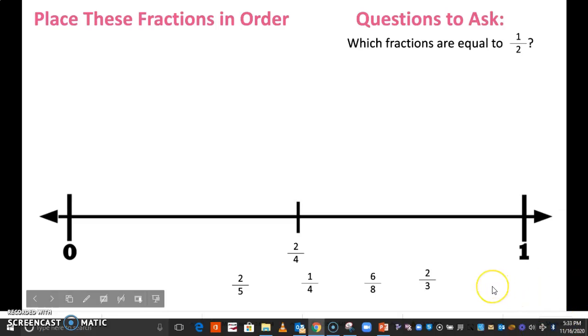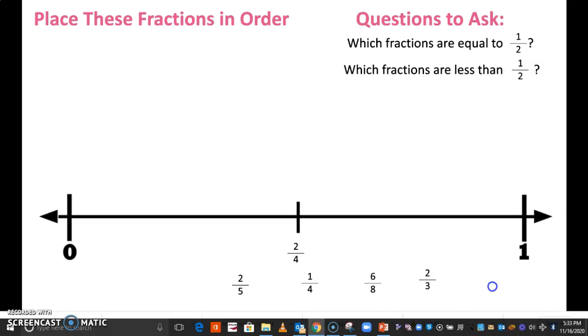Now, what's next is we have to figure out these other 4. Okay, so now that we know which ones are equal to a half, another question we need to ask is, do we know any of these fractions that are less than a half? Okay, well, when I'm looking down here on my denominator and I am envisioning a number line divided into 5 equal pieces, and this is only 2 of those pieces, that tells me that's less than half.